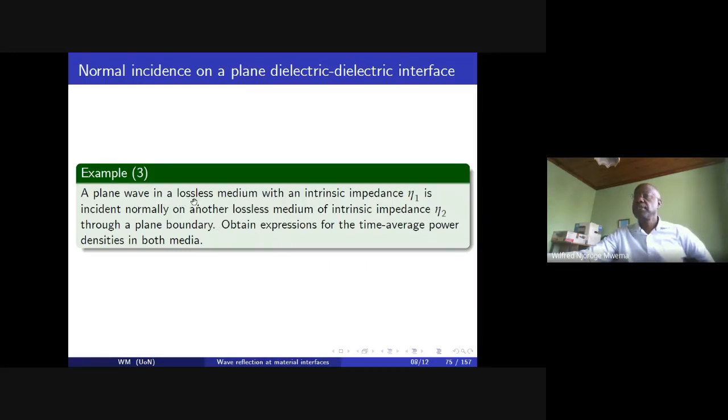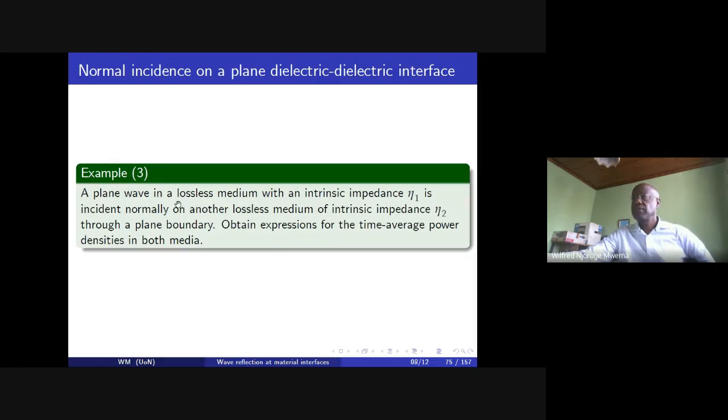When you hear lossless media, all it means is that the conductivity of that medium is equal to 0. It means the medium does not have free charge carriers that would support a current when we apply an electric field.